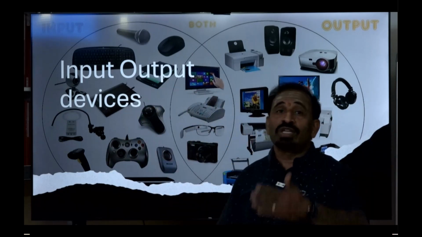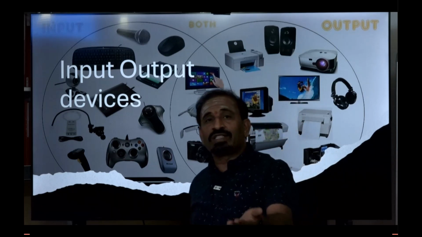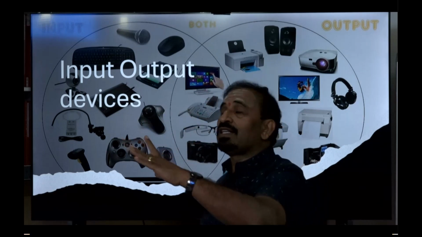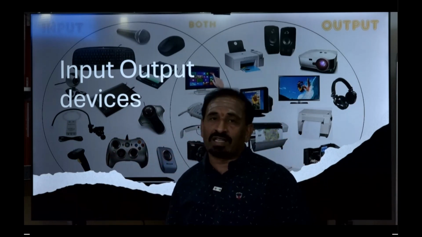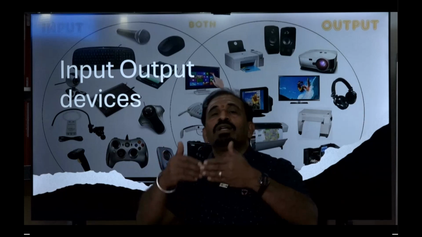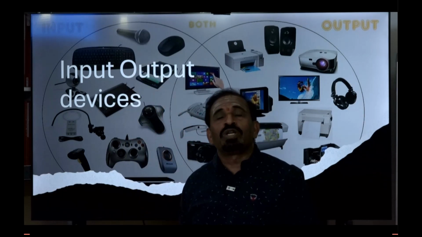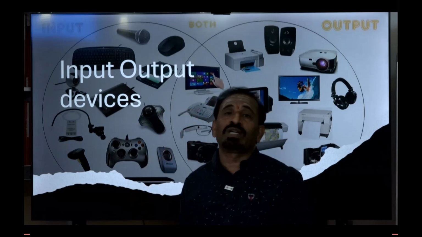In some cases we use other devices. For example, to deliver this video lecture, I am using this camera. This camera works as an input device, but it is not connected all the time. Whereas in your laptop, a camera is kept on the top of the screen, so that becomes a permanent fixture in laptops.